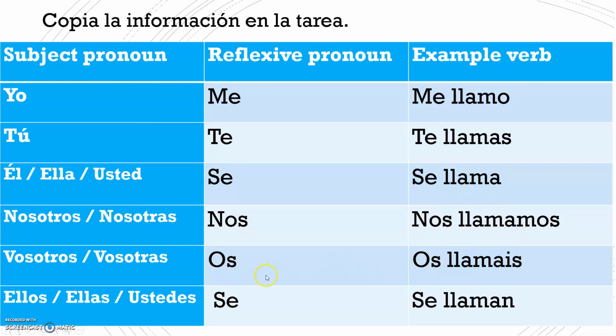The reflexive pronoun for vosotros or vosotras is os. You've probably never heard that. We don't use vosotros a whole lot because it's only used in Spain, and reflexive verbs are used even less often than that, so maybe store it away. Os llamáis. And then se is also used for ellos, ellas, and ustedes. So se and se are the same. Se llaman. Okay, they are called. You should copy this on your notes now.